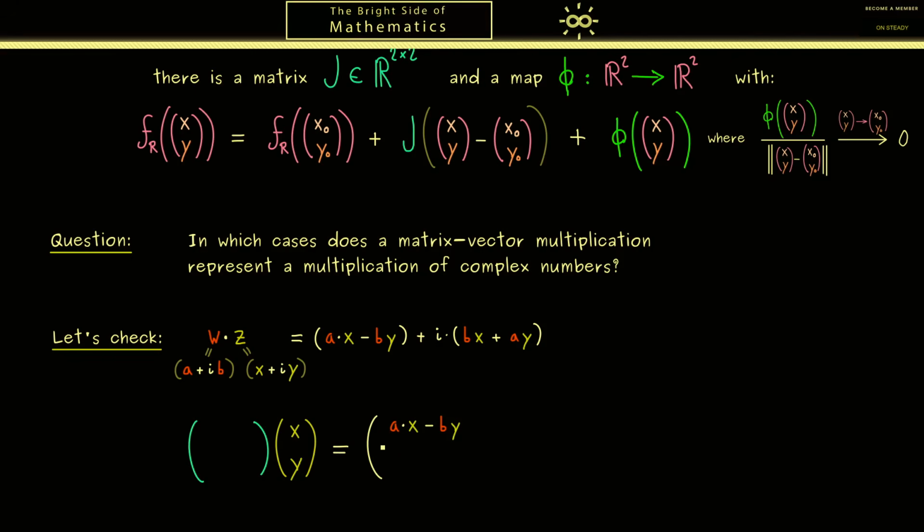The first component should just be the real part, and then the second component is just the imaginary part. Now the question is, which 2 times 2 matrix brings us to this result? The first row we see immediately because it should be a and minus b. In the same way, we also see the second row, which should be b and a. And indeed, that's it. This is the matrix that represents the multiplication of complex numbers.